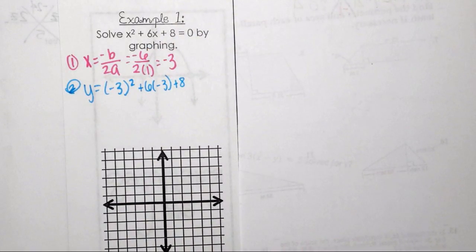Okay. What is negative 3 squared? 9. What's 6 times negative 3? Negative 18. What is 9 minus 18? Negative 9. And what's negative 9 plus 8?